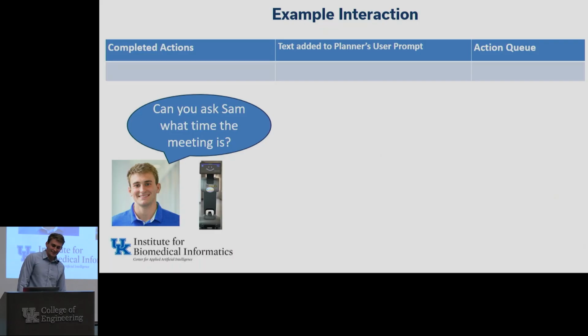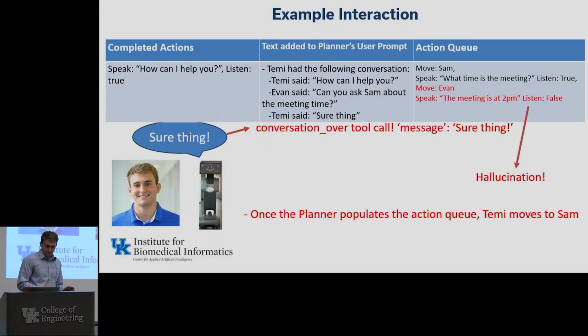So this is a direct command. The talker LLM will trigger the conversation over tool call, and the message parameter of that tool call will be "sure thing." So Temi will speak that, and then the initial interaction is completed.